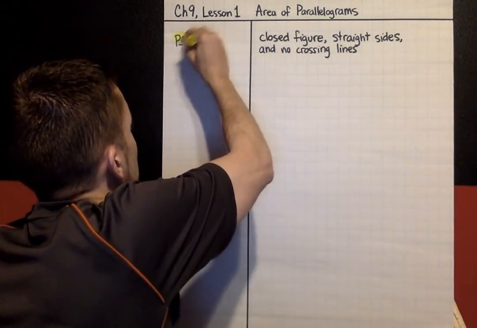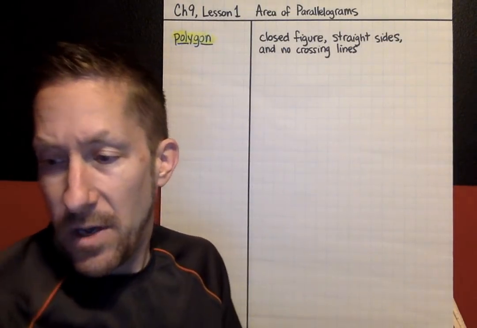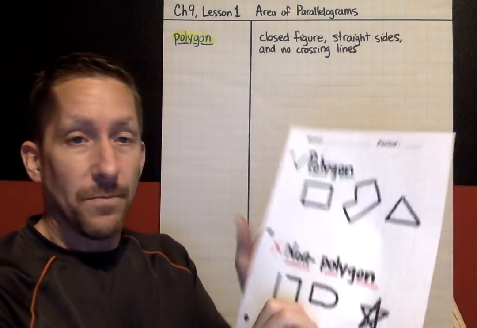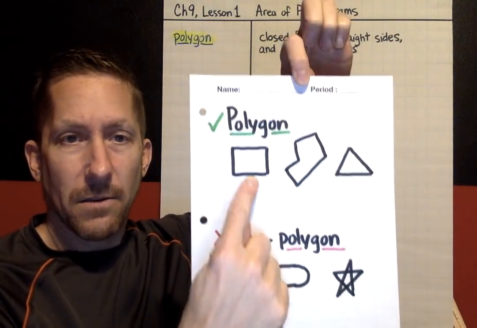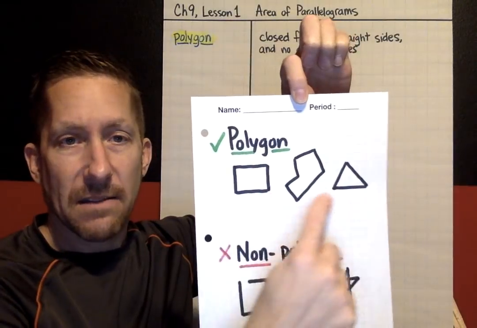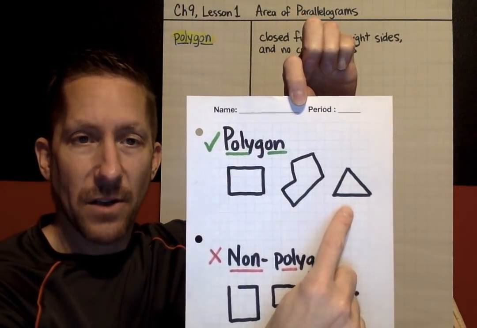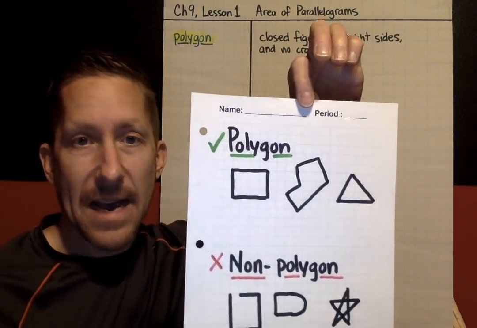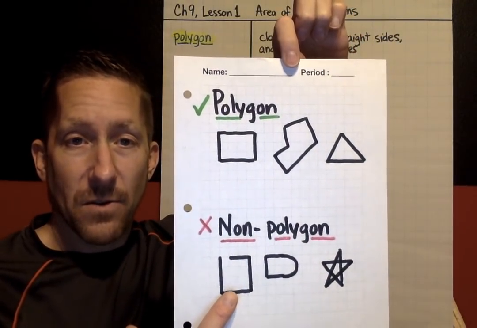That is a polygon. Okay, now you do not have to copy this page. If you'd like to, you sure could, but I want to show you this. So these are polygons. Closed figure, straight sides, and no crossing lines. A polygon has to have at least 3 sides in order to close, but it can have 200 sides as long as they're straight and it's a closed figure and the lines don't cross.